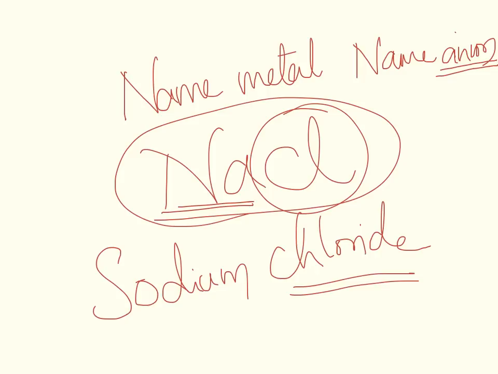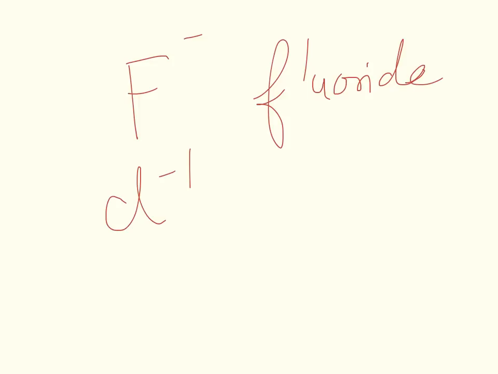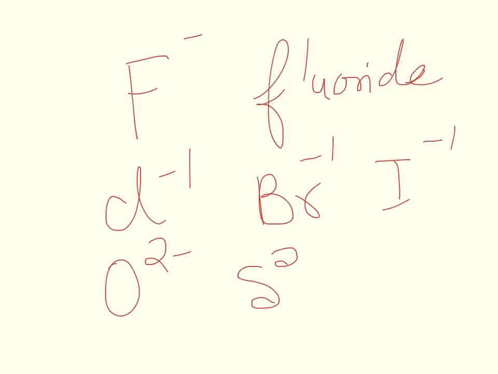And some basic names of anions: fluorine, fluoride, chlorine, chloride, bromine, bromide, iodine, iodide, oxygen, oxide, sulfur, sulfide, nitrogen forms nitride, and phosphorus forms phosphide.